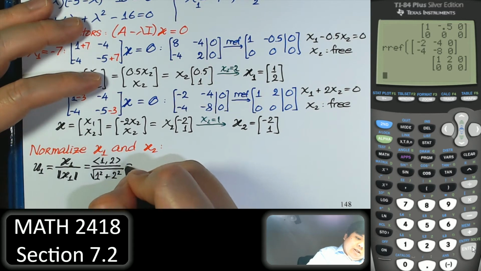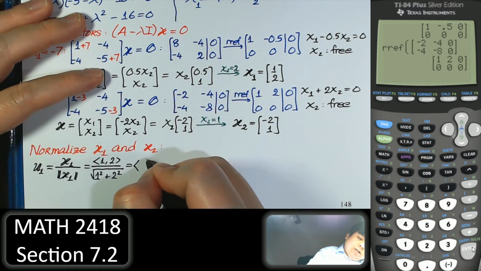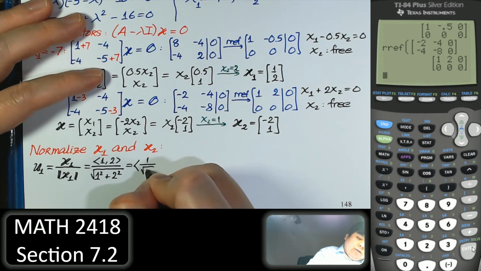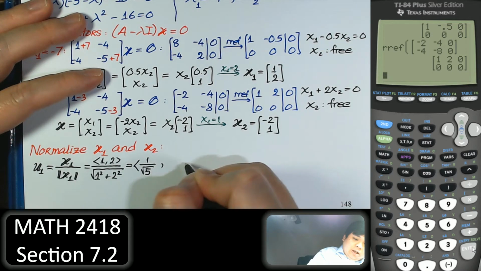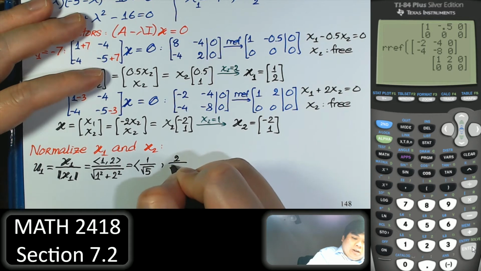That gives us 1 over square root of 5 and 2 over square root of 5.